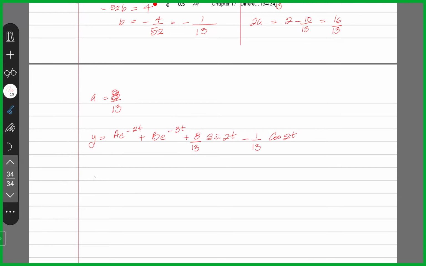So x squared is equal to a e to the minus 2t plus b e to the minus 3t plus 8 over 13 sine 2t minus 1 over 13 cos 2t, which is the general solution of this differential equation.